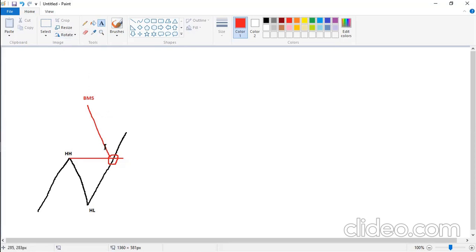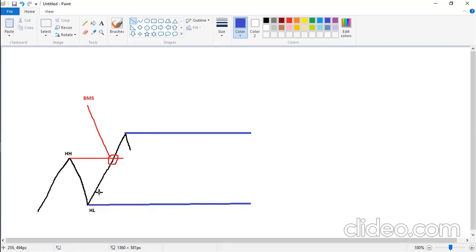Before I go there, whenever you have a new higher high here, you need to take your trend lines and mark that high and the old higher low. This is your range, your trading range. This is where we are right now.